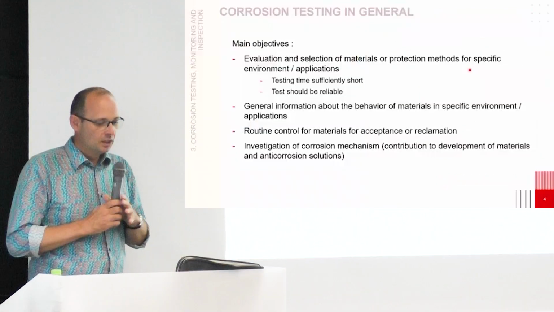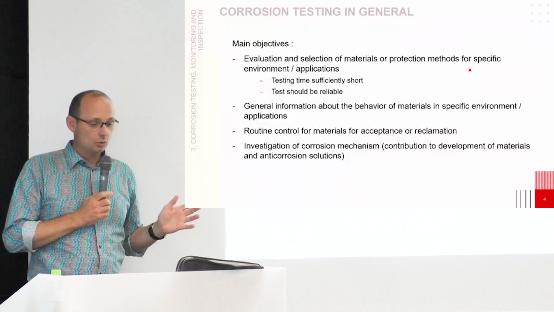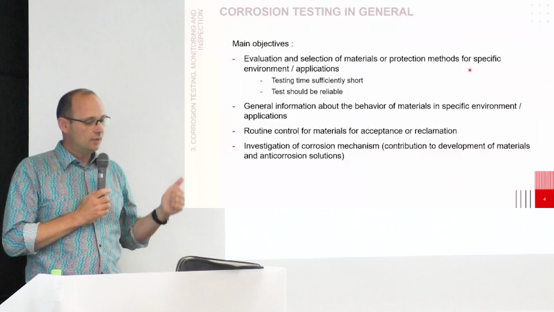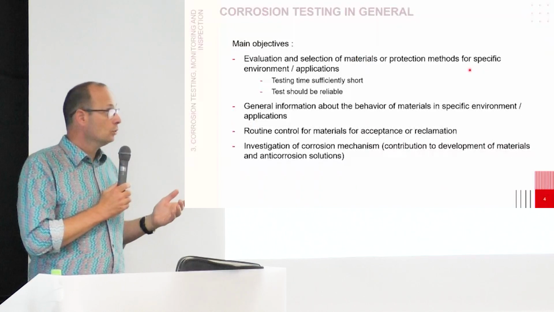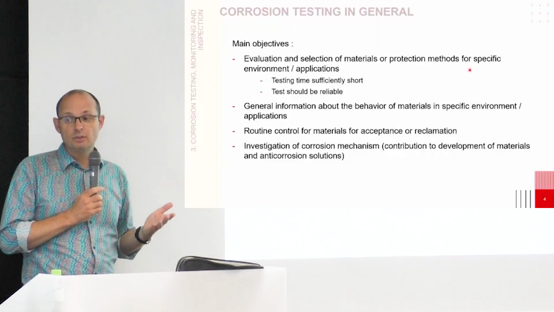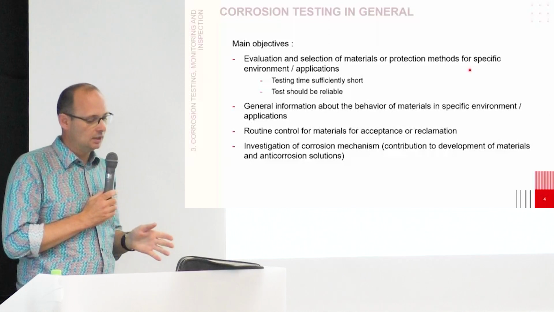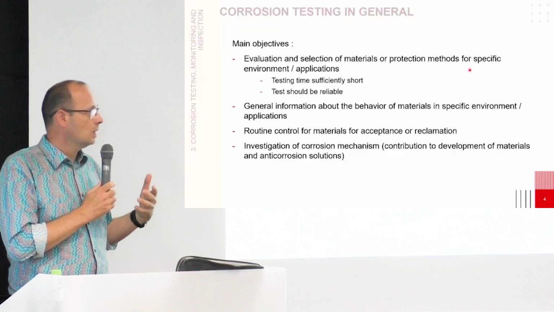Okay, so if I want to test materials for corrosion evaluation, what I want to do is to evaluate and select new materials, or to find some protective approach, always regarding a specific environment and application. I will start to have a lot of questions.